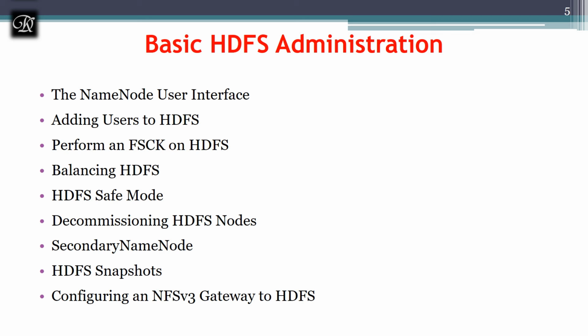These are read-only point-in-time copies of the HDFS. A snapshot can be taken on a subtree of the file system or the entire file system. Some common use cases for snapshots are data backups, protection against user errors, and disaster recovery.